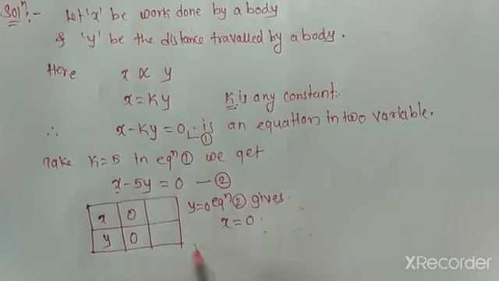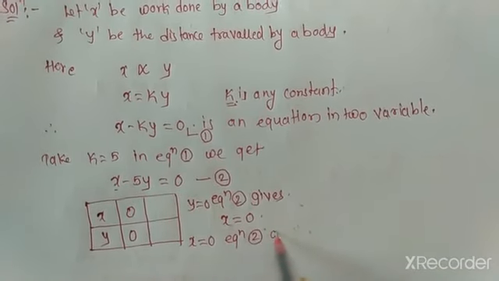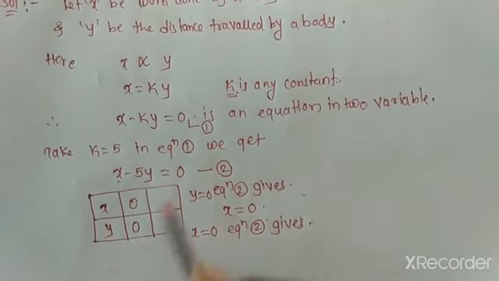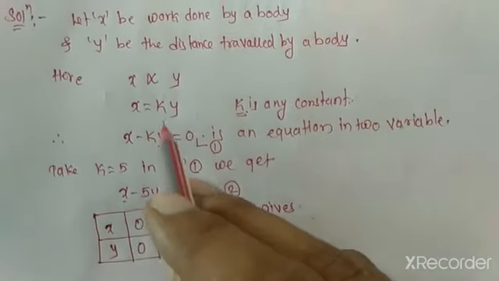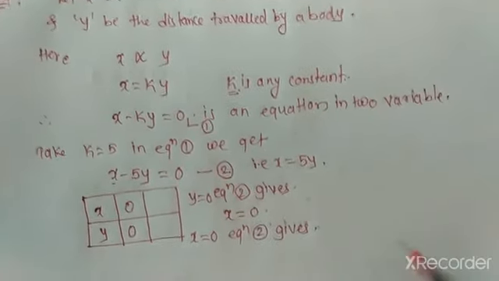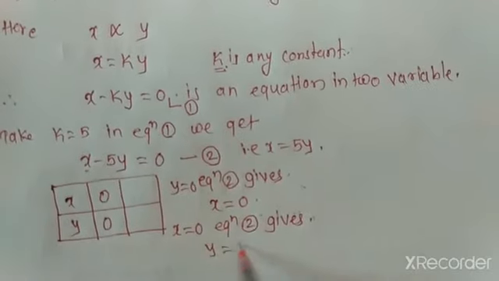And for x is equal to 0, equation 2 gives, now when x is equal to 0, here it is x is equal to 5y. So for x is equal to 0, y will be 0.